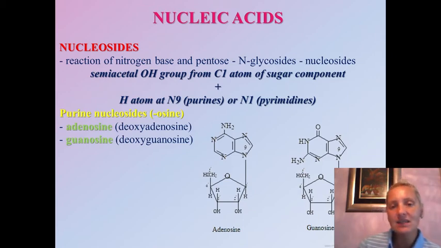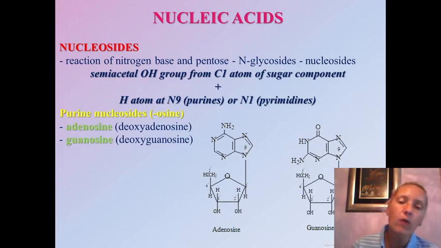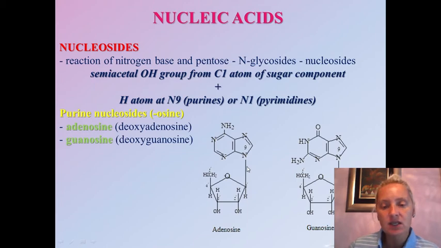So adenine becomes adenosine or deoxyadenosine if it's in DNA, or guanosine or deoxyguanosine. And here you see the structures of adenosine and guanosine, and this specific 1,9 N-glycosidic bond in purine nucleosides.